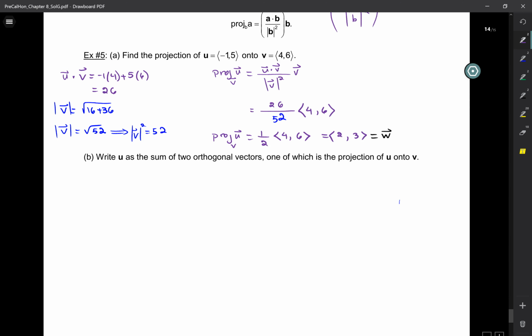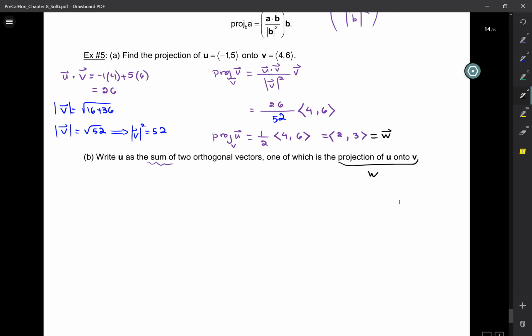Now look at this thing. It says write U as the sum of two orthogonal vectors, one of which is the projection of U onto V. Oh my. Okay. We're going to write U as the sum of two vectors. Let's just ignore the word orthogonal for a minute. Of two vectors, one of which is the projection of U onto V. Which vector is that? U, V, or W?